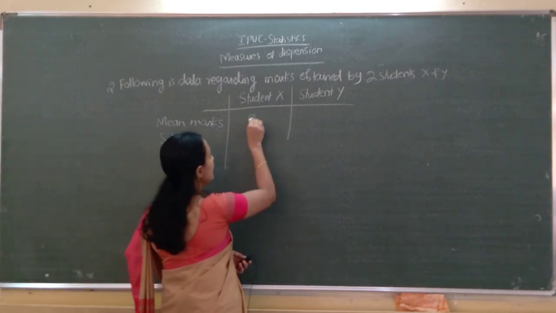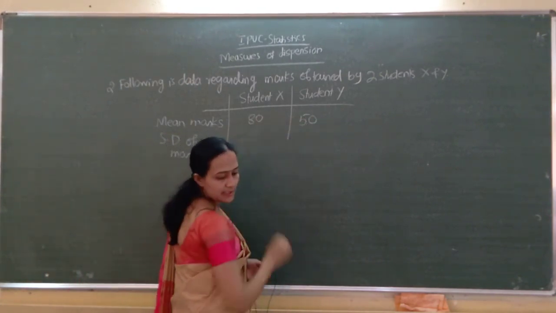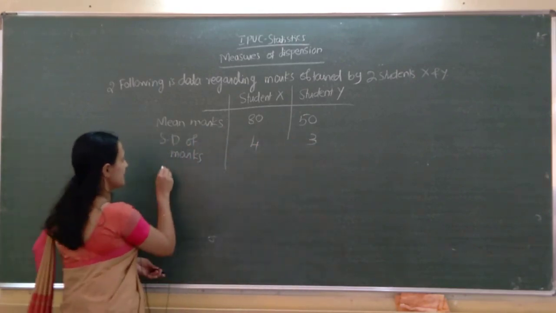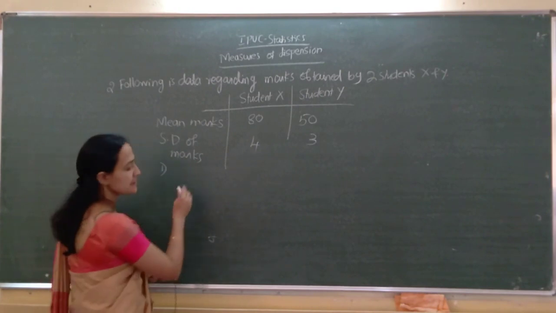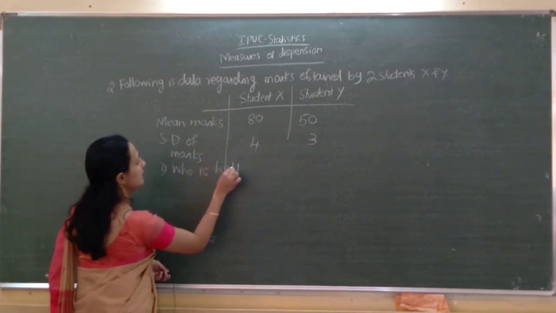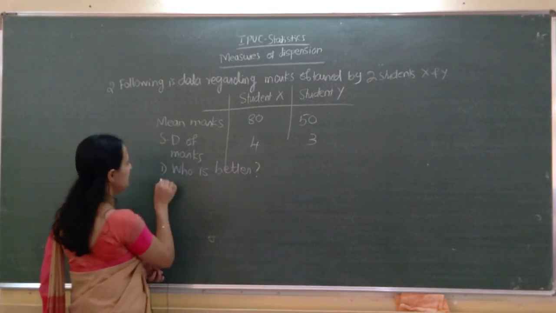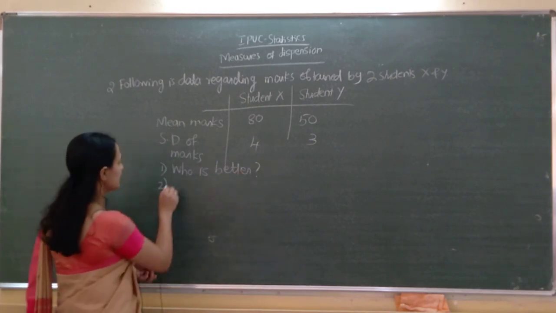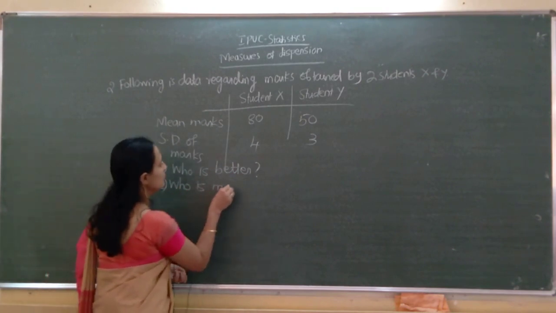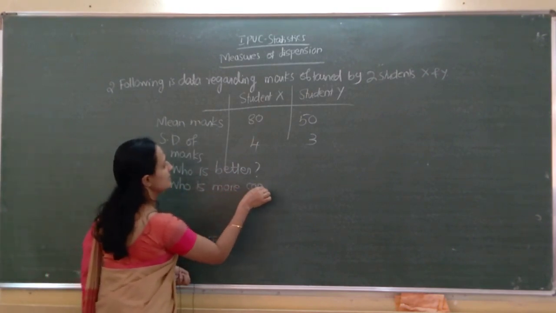Here 80, here it is 50, here it is 4, here it is 3. First question, who is better? Second one, who is more consistent?